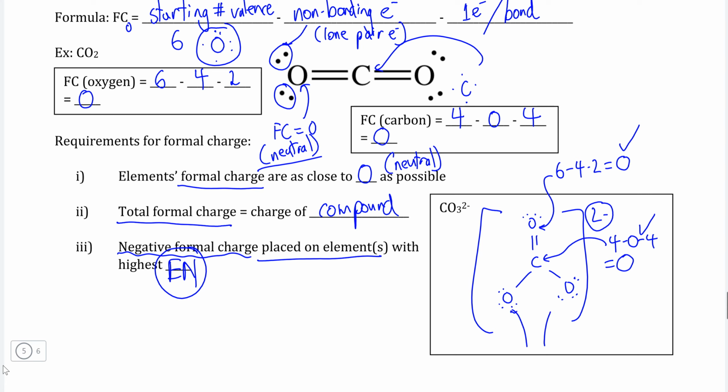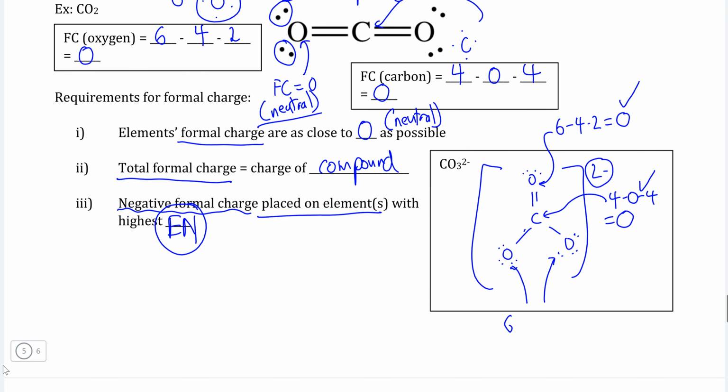And these 2 oxygens down here, we can do one calculation because they are identical. We have 2, 4, 6 lone pair electrons and 1 bond on each of them. So oxygen starts with 6 valence electrons. There are 6 non-bonding electrons on each oxygen and 1 bond for each of them, which brings each oxygen's formal charge to -1.